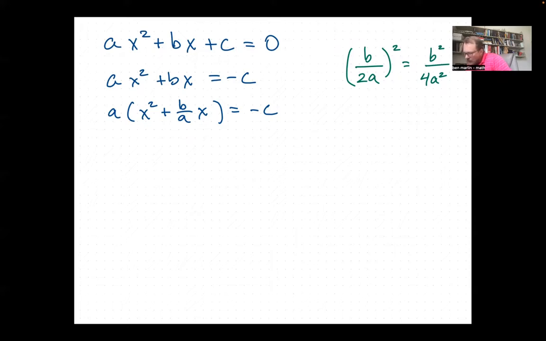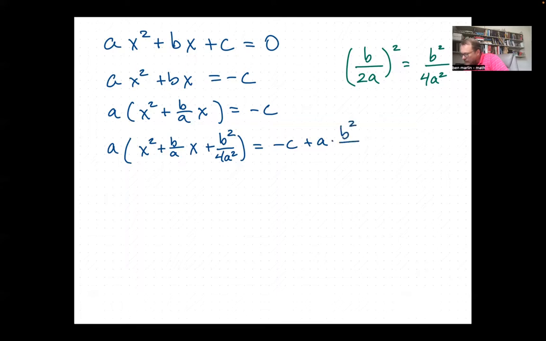So what we need to add is that messy thing there. But now on the other side, we're going to have a times that messy thing. So a times b squared over 4a squared.